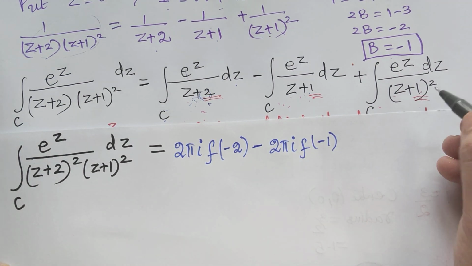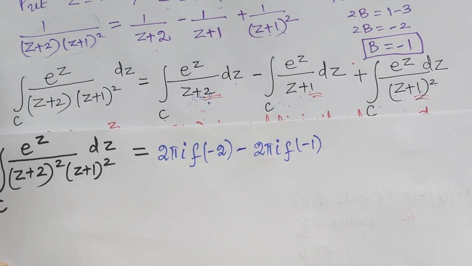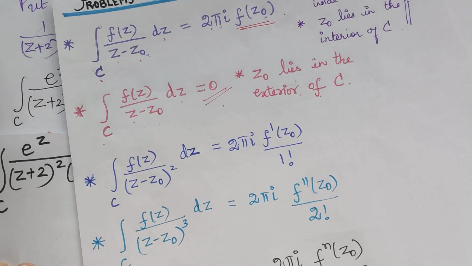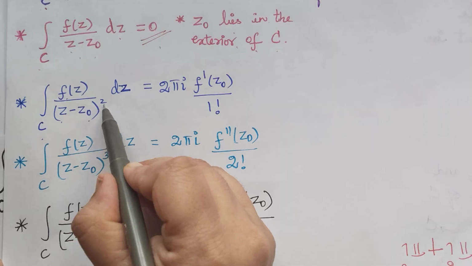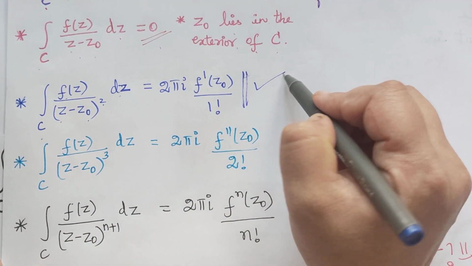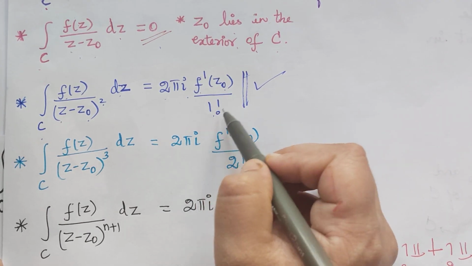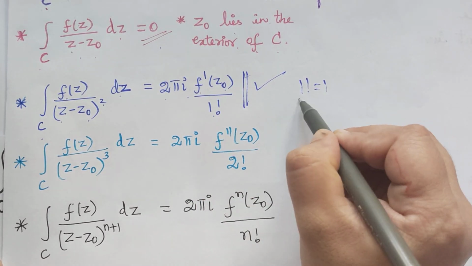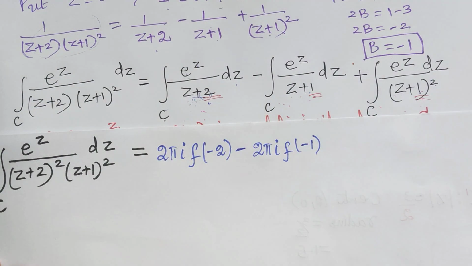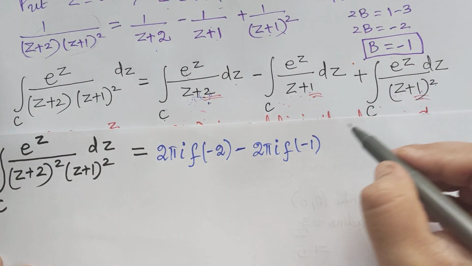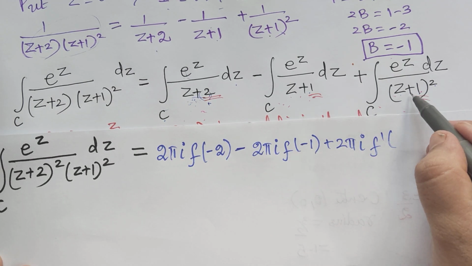For the final integral, the power in the denominator is z minus z naught squared. Whenever you have a square, the formula is the integral over C of f of z by z minus z naught squared dz equals 2 pi i f dash of z naught by 1 factorial. Since 1 factorial is 1, it is 2 pi i f dash of z naught. So here we have plus 2 pi i f dash of minus 1.